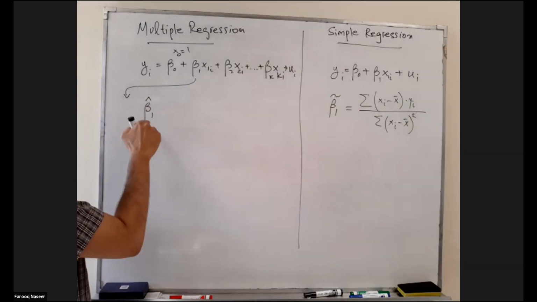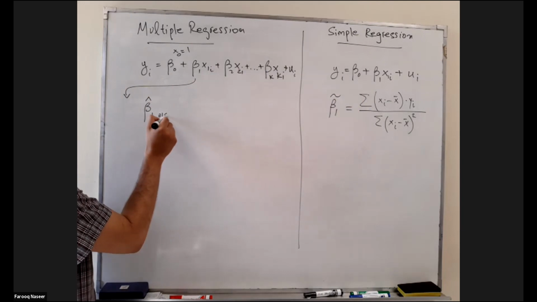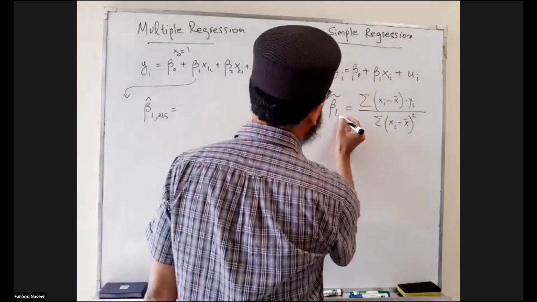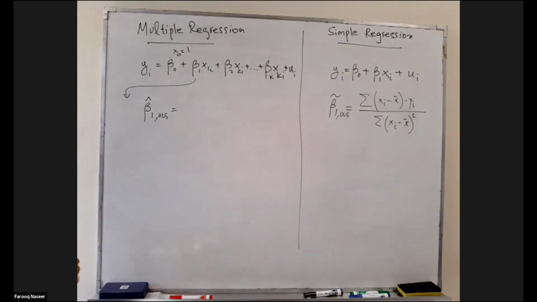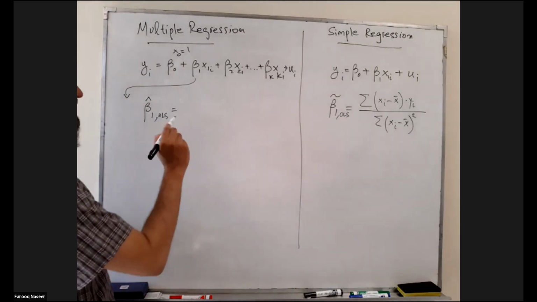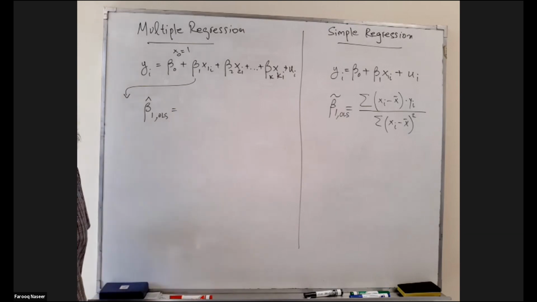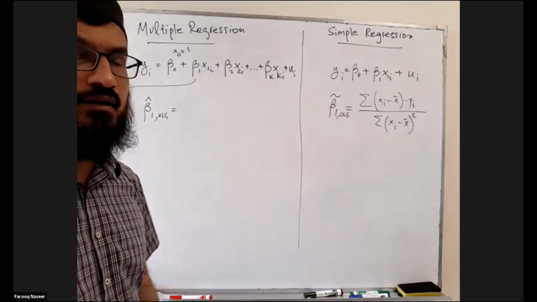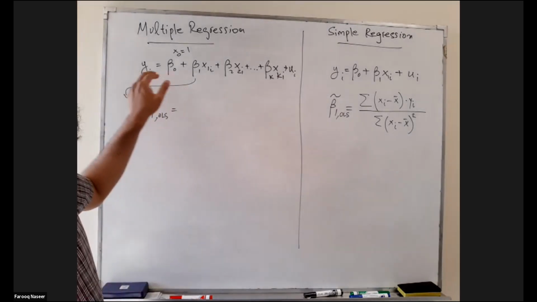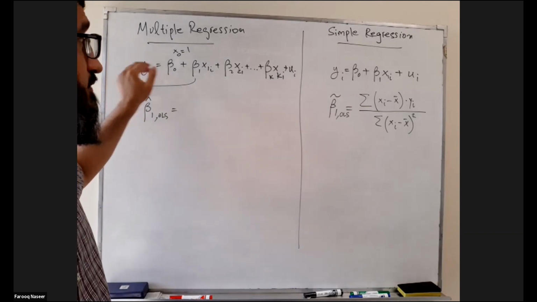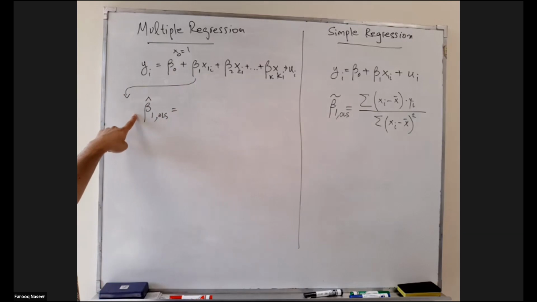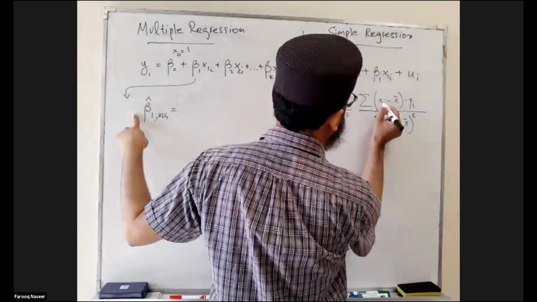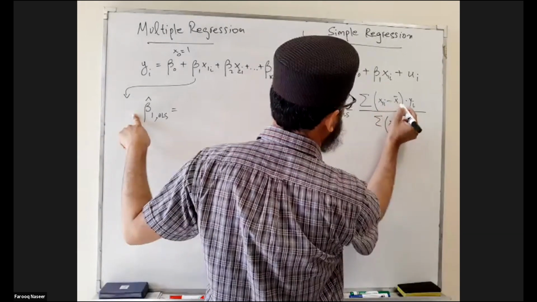So what's the OLS formula for this? It turns out that formula is way too complicated. If I write it in terms of my original y and x variables, it's not going to be a function of y and x1 alone.